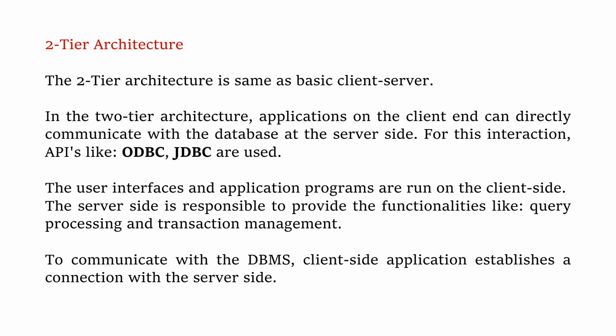And the user interfaces and application programs are run on the client side. The server side is responsible to provide the functionalities like query processing and transaction management. To communicate with the DBMS, the client-side application establishes a connection with the server side.